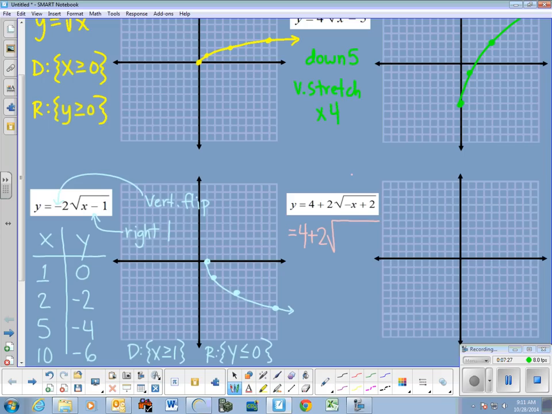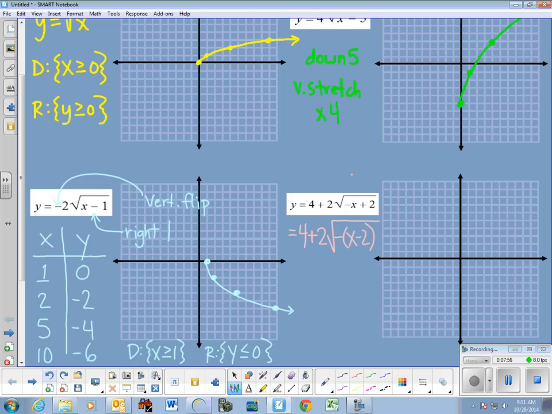So I need to think of this as negative parentheses x - 2. You'll see it on our graph in just a minute. If you go by +2 and think, all right, I just heard that if it's +2, I need to move the opposite, I need to move left 2, that's going to give you a problem because of that negative sign in front of the x. Get the negative sign out, and now we see that it's x - 2, which means it's going to go 2 to the right.